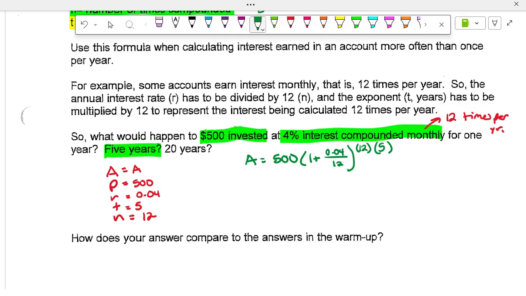Now, it's just like what we've been doing, just putting it in your calculator, but be careful. This is how you need to put it in your calculator. You do 500 times 1 plus parentheses 0.04 divided by 12, all raised to parentheses 12 times 5. That right there is how you should put it in your calculator.